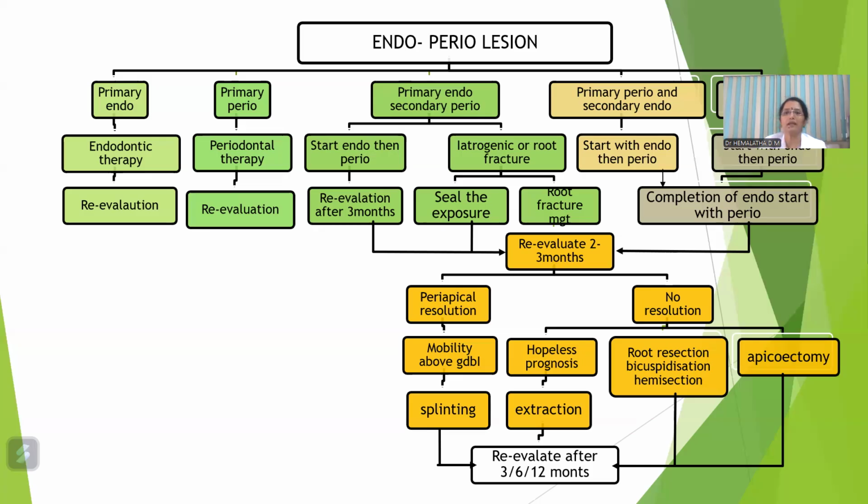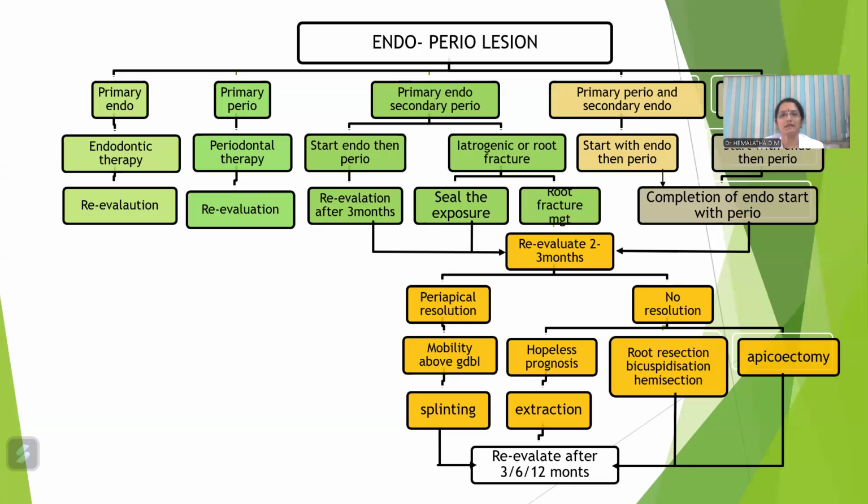Then you will evaluate the patient for 2 to 3 months. If there is full resolution and there is a bit of mobility, you can go for splinting and then again reevaluate the patient, at 3 months, 6 months, and 12 months. If there is no resolution and it is a hopeless prognosis, please proceed with extraction and we need not wait. You can explain the prognosis to the patient.